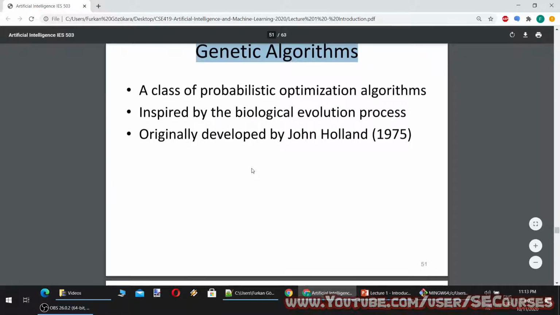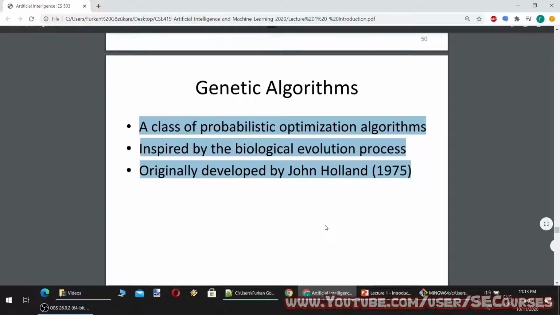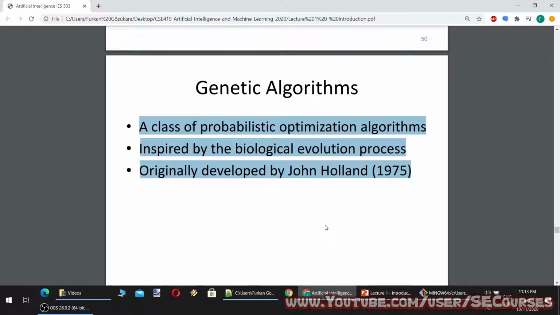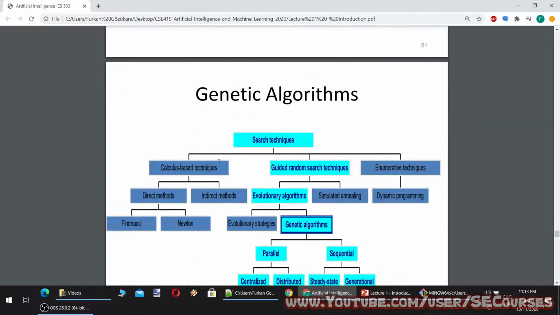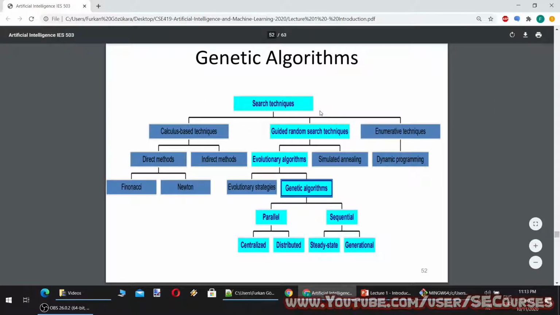Genetic algorithms: a class of probabilistic optimization algorithms, inspired by the biological evolution process, originally developed by John Holland, 1975. So genetic algorithms are branching like this: search techniques, calculus-based techniques.